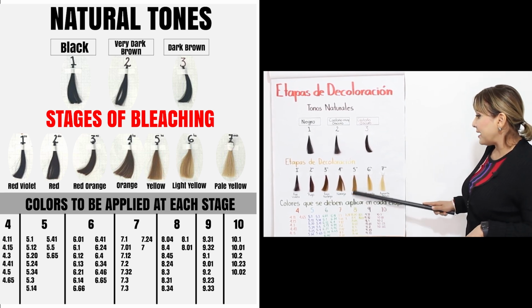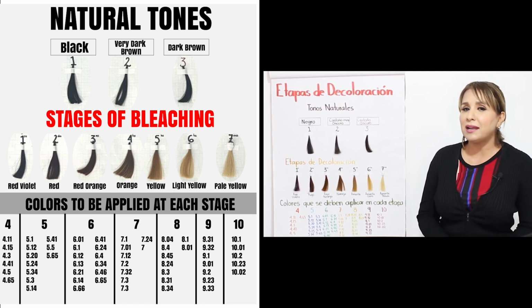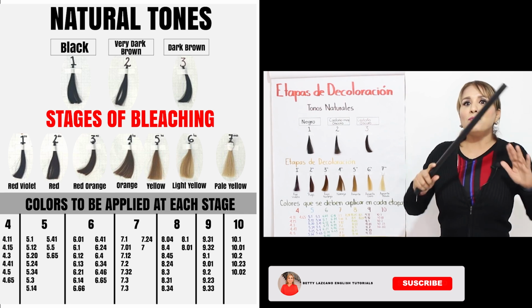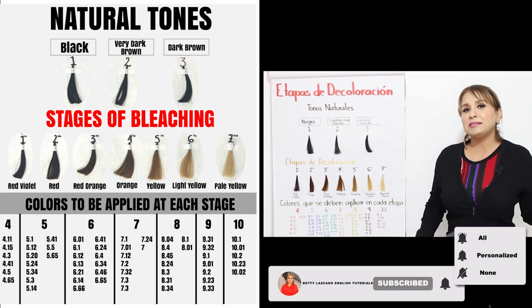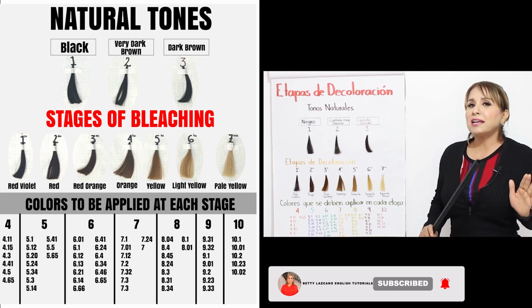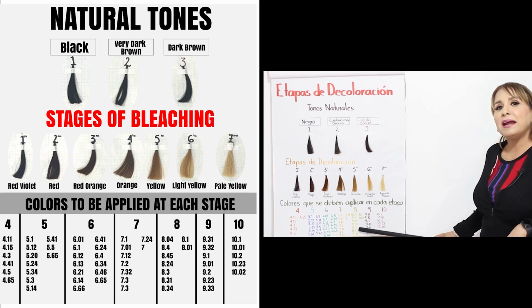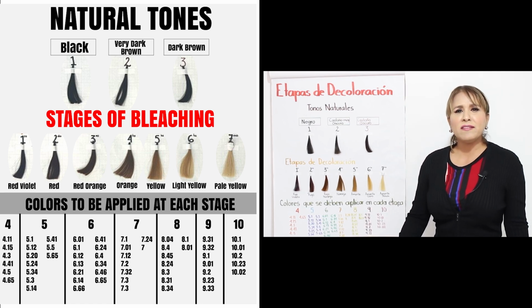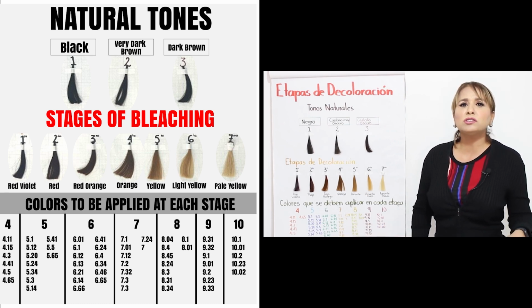Here in the yellow stage, you have to be very careful when the hair is yellow because many of you have enough problems that later I will also make another video to explain how to remove that green reflection. You have the yellow stage and you say, right now I remove it easily, I don't like it.